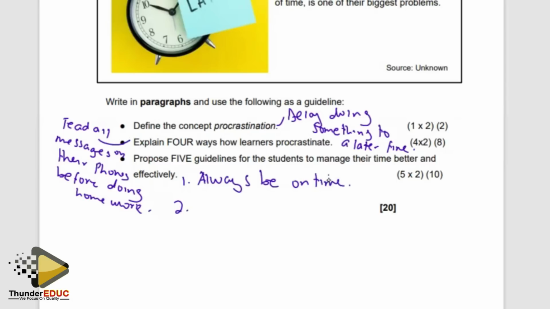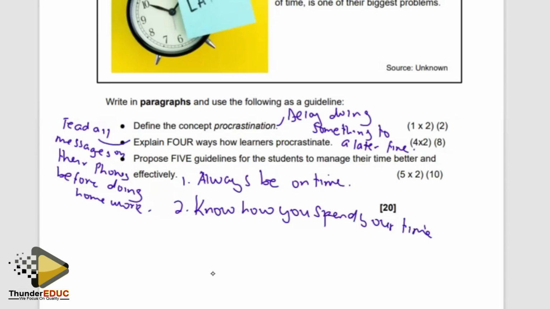Know how you spend your time. In this way, know how you spend your time, identify your biggest time wasters, and then deal with them so that your attention can be focused on the task at hand.